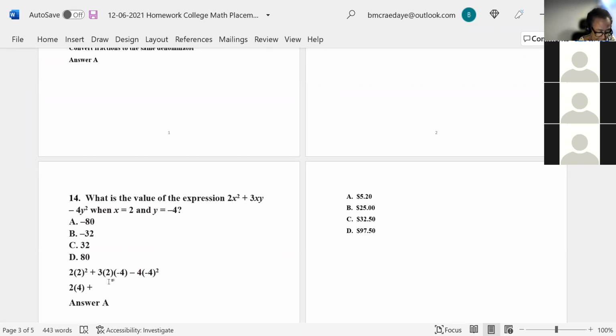Minus. That's right. Minus 24. Now what's minus 4 times a minus 4? A minus and a minus is a plus. That's right. So what's 4 times 4? 16. So that would be minus what? Minus 16.